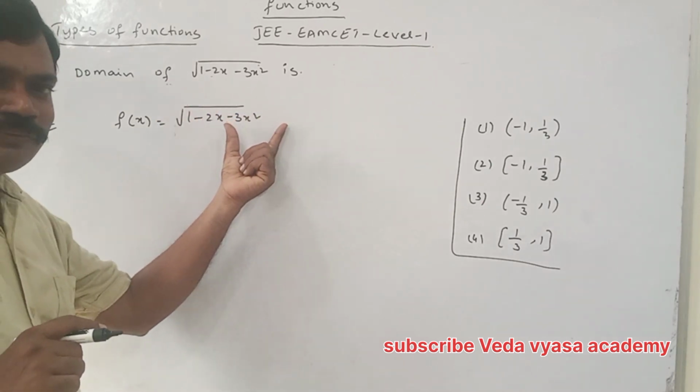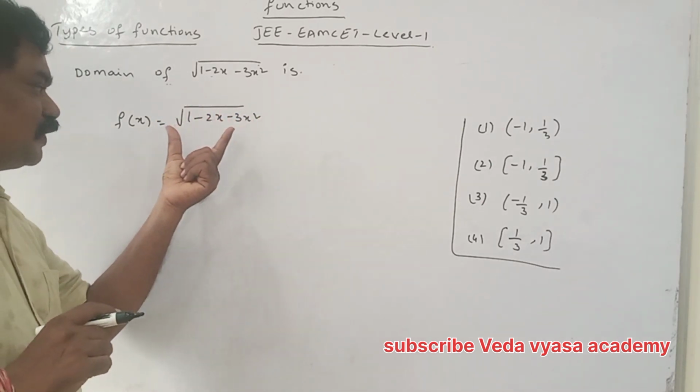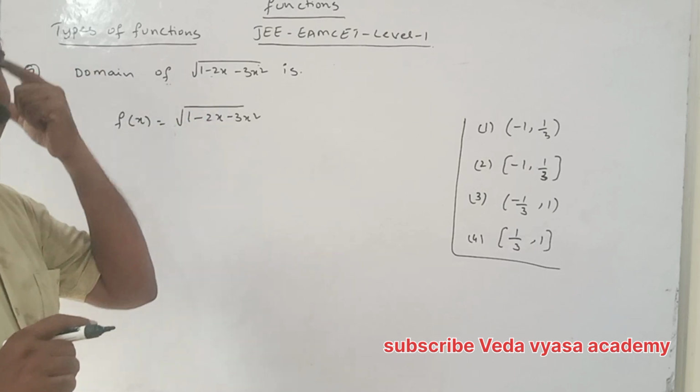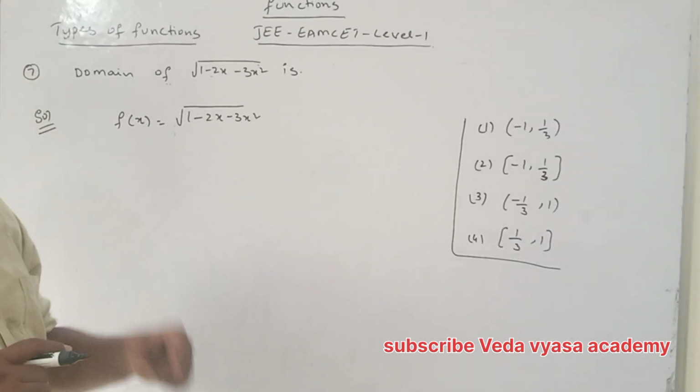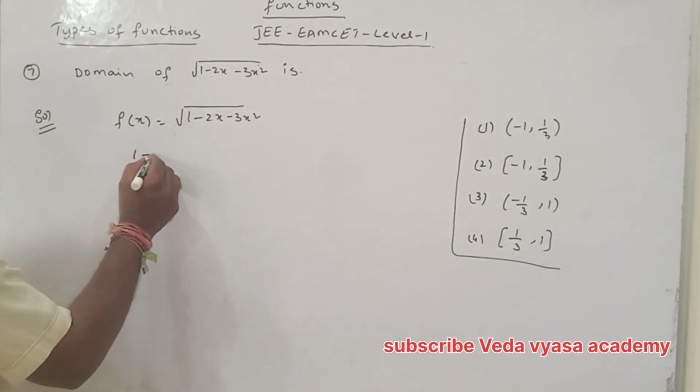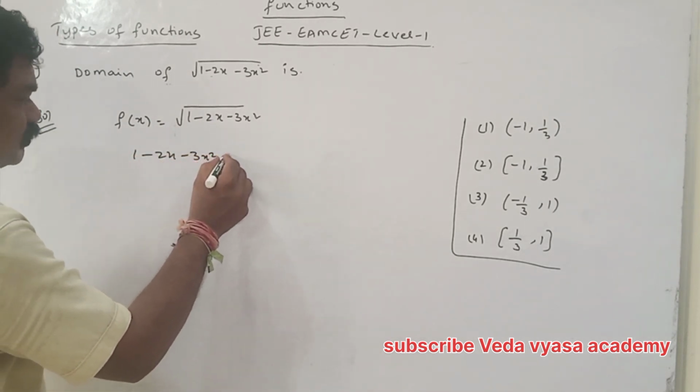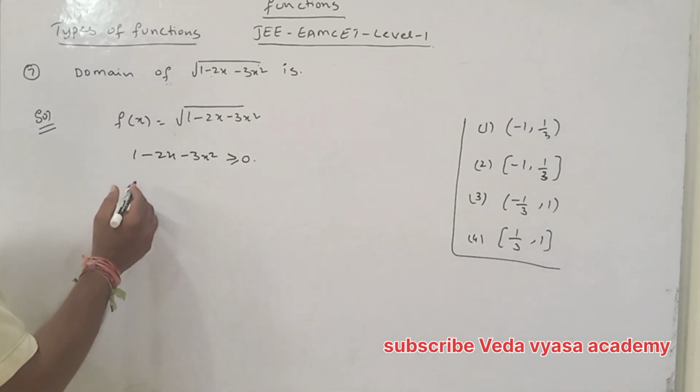If it is less than 0, then this is an imaginary number. If greater than or equal to 0, this is a real number. So 1 minus 2x minus 3x square is greater than or equal to 0.